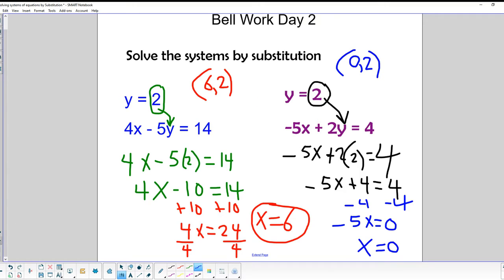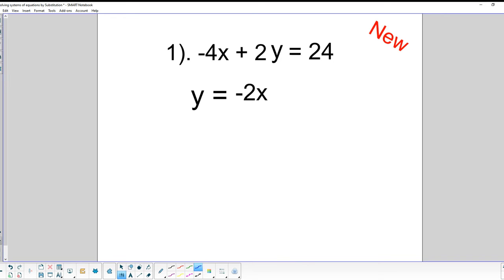Okay, so what new things could we throw in there today? Well, what if when x or y is solved in one of these equations, I don't just get y equals negative 2, but I end up with y equals negative 2x, something like that. Well, you do the same thing. You take whatever says y equals and then substitute it into the other equation for that variable.